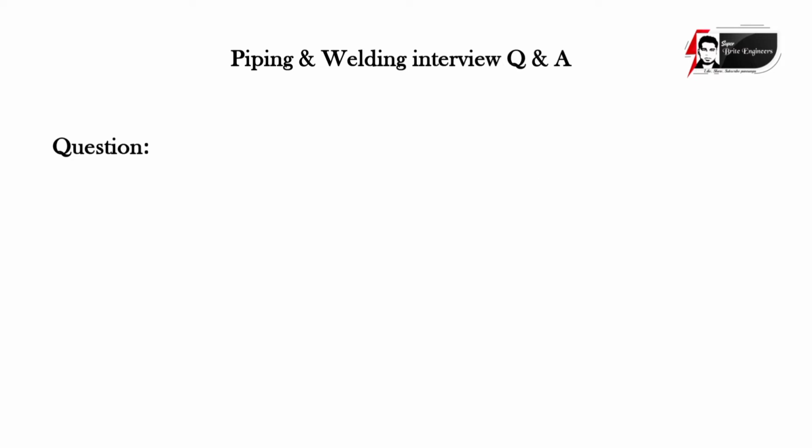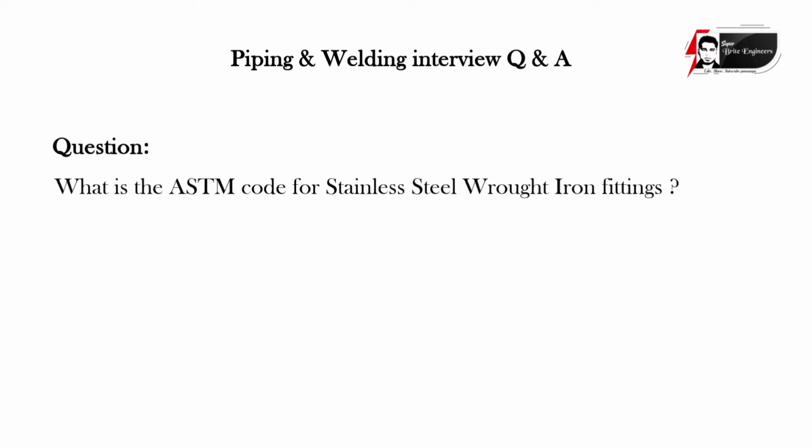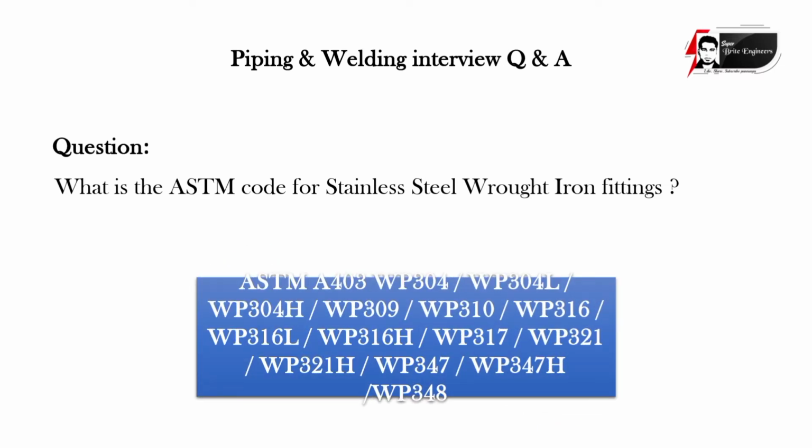What is the ASTM code for stainless steel wrought iron fittings? ASTM A403 WP304, WP304L, WP304H, WP309, WP310, WP316, WP316L, WP316H, WP317, WP321, WP322, WP347, WP347H, WP348.